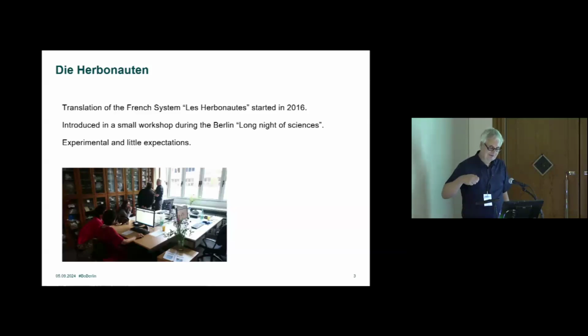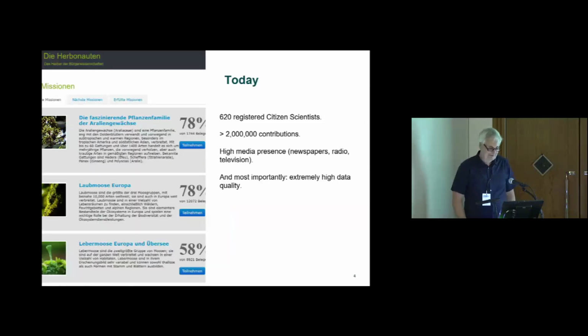And now fast forward 8 years later, we have 620 registered citizen scientists who entered 2 million data contributions to the system. We have now really a high media presence, so the public is interested. We have numerous newspaper articles, radio features, even several features on television.